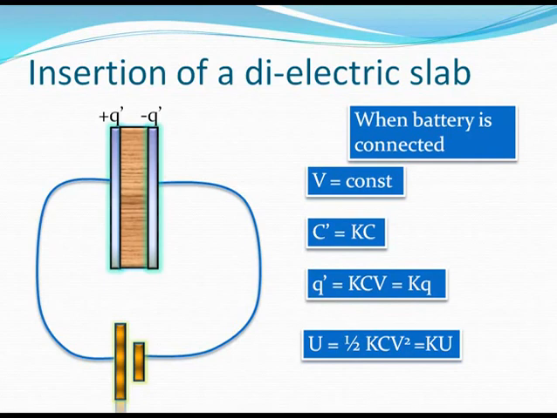So those were the properties of the capacitor when a dielectric slab was inserted in it, but we had kept the battery connected. What would have happened, had we not kept this battery connected? Had we removed the battery and then inserted the dielectric slab? Well, let's try it right away.